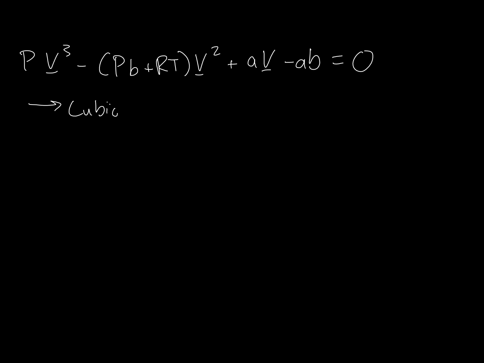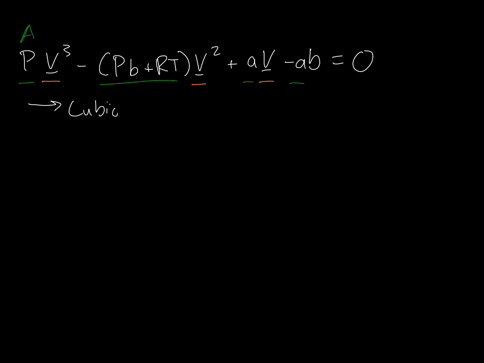AspenTech, for example, or any other fluid flow or fluid phase simulator, is not going to code up an entire system for the van der Waals equation, and then for the Peng-Robinson equation, then for the SRK, and then for whatever equation of state you're going to use. What they're going to do is generalize it into a form like this, where we have our variables and then some coefficients.